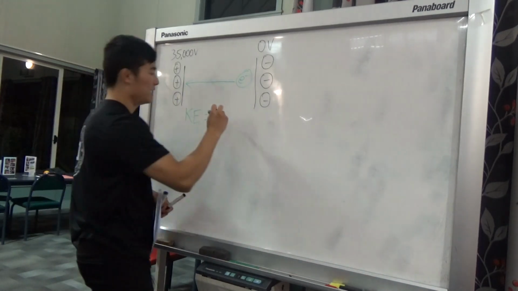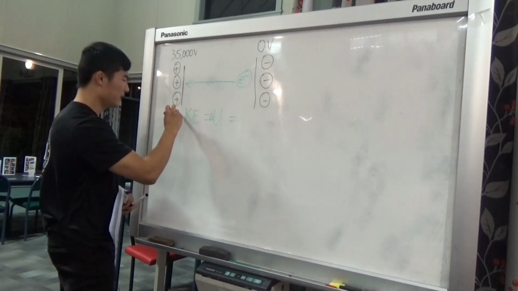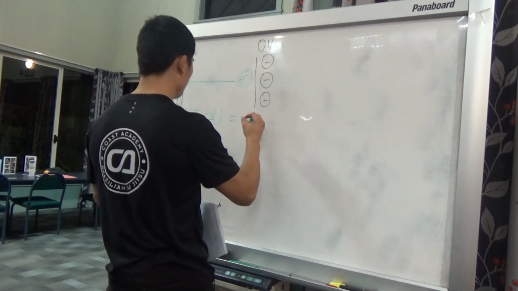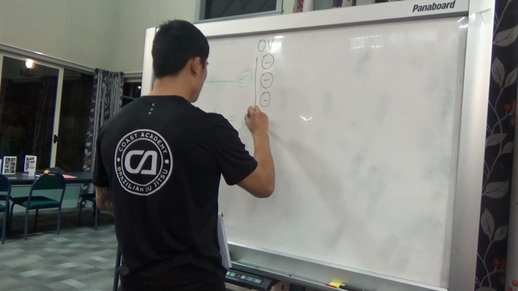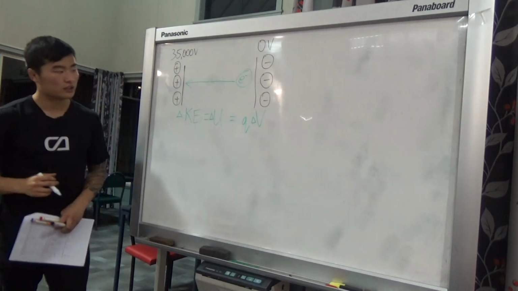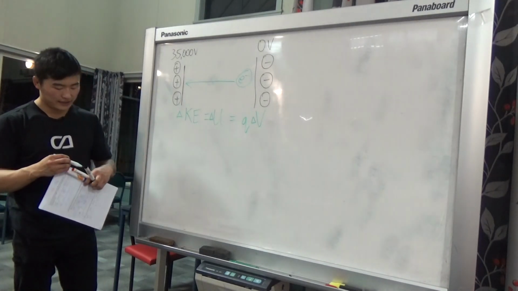So the change in kinetic energy is equal to the change in electrical energy, and the change in electrical energy is the charge multiplied by the change in voltage. Okay, so that's from electricity.